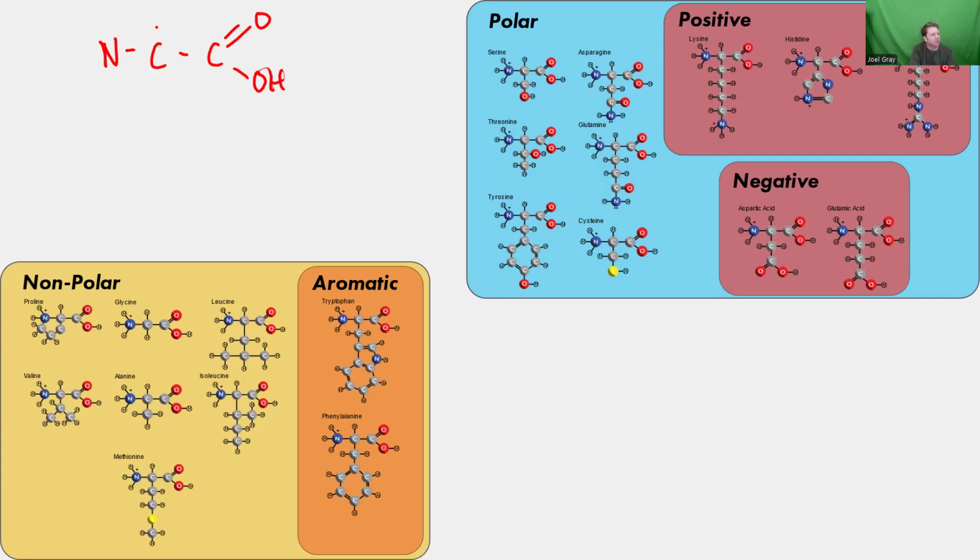What was that carbon commonly known as that I just drew the hydrogen on? Our alpha carbon. Perfect. So from our alpha carbon, that's where our side chain comes from.